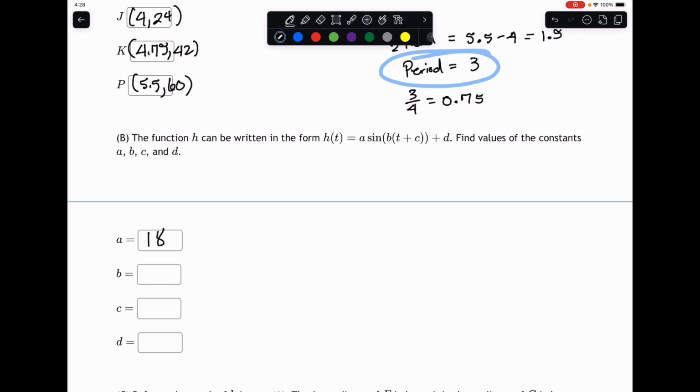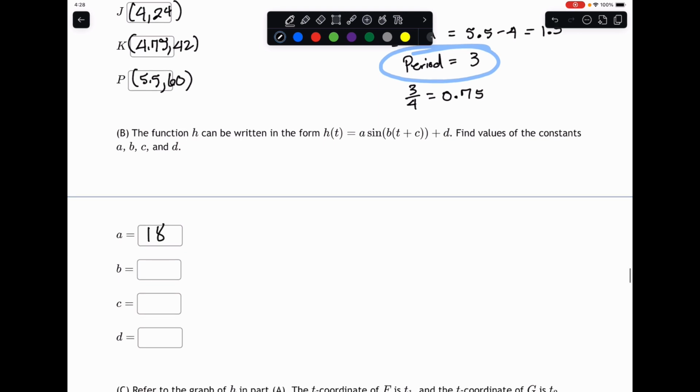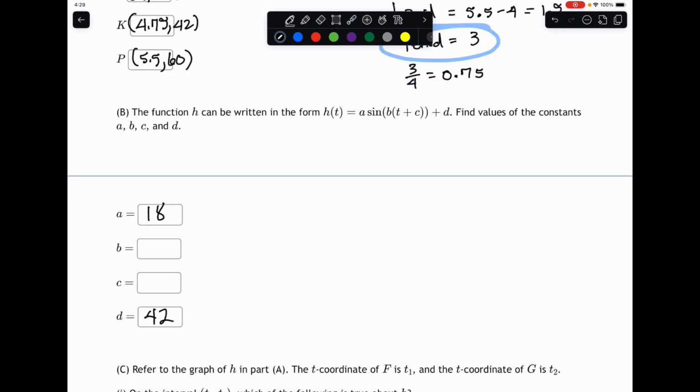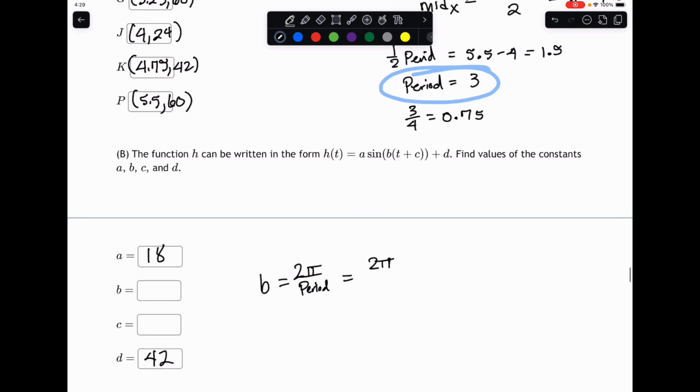And since the midline there is 42, our value for D is 42. Now for the period, for the horizontal dilation, we're going to use 2 pi and divide it by the period, where our period again is up here is 3. So our answer is 2 pi divided by 3.